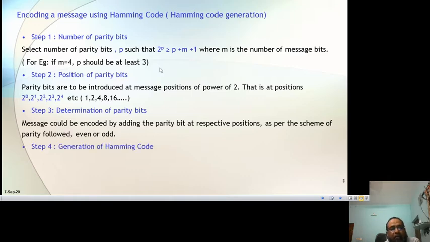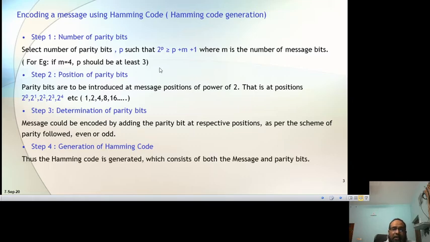And finally, you have the total Hamming code, which consists of the parity bits as well as the message bits. So if it is a 4-bit message, then the Hamming code consists of the 4-bit message plus 3 parity bits. So totally it is a 7-bit message. That is called the Hamming code or the encoded message.